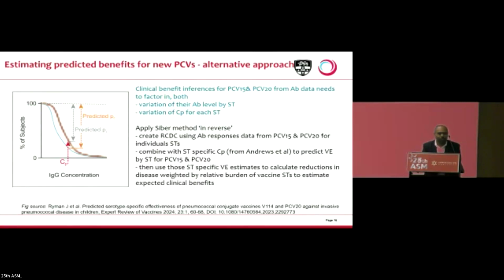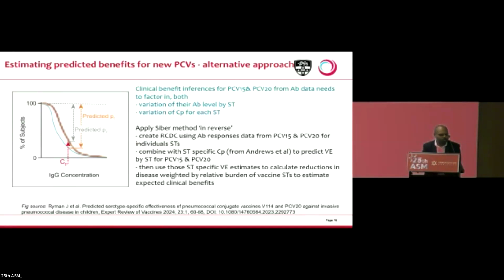So one way to do this is to apply the cyber method in reverse, as shown in that graph there. You can create those reverse cumulative curves using antibody responses from PCV15 and PCV20 trials, and then combine that with serotype-specific correlates of protection from studies like the Andrews et al. paper to predict vaccine efficacy or effectiveness by serotype for each of PCV15 and 20, particularly the common serotypes with PCV13.